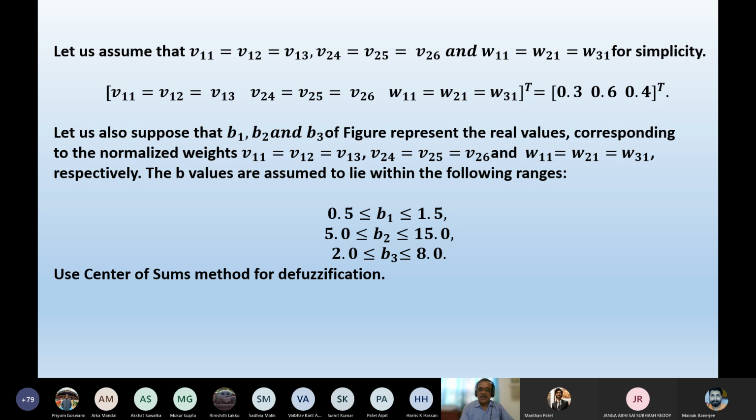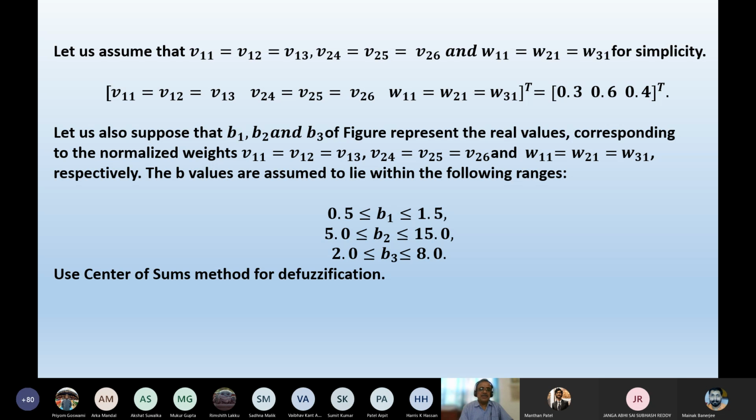And some numerical values we are assigning, like V11 equals V12 equals V13 equals 0.3 in the normalized scale. Then V24, V25, V26 equals 0.6. W11, W21, W31 equals 0.4.